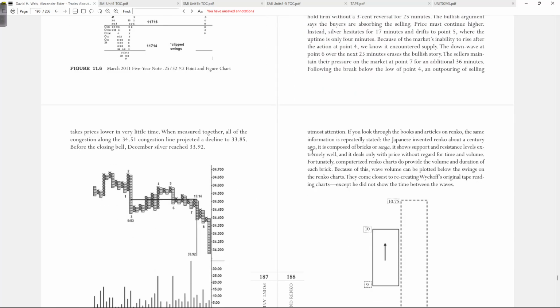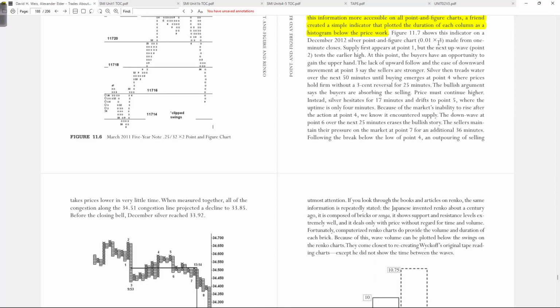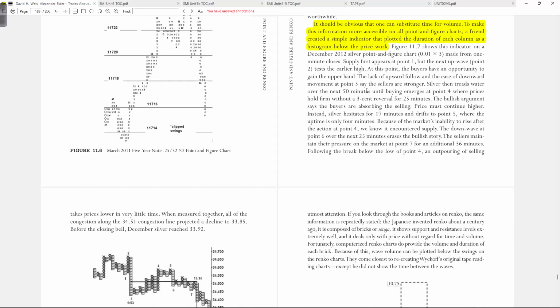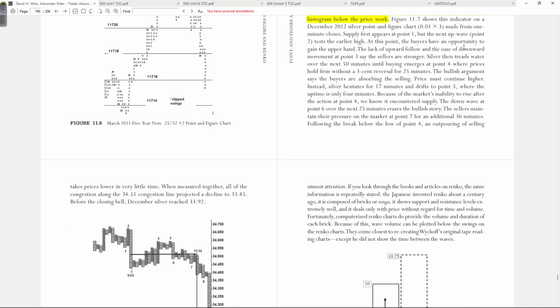Figure 11.7 shows this indicator on a December 2012 silver point and figure chart, 0.01, made from 1 minute closes.